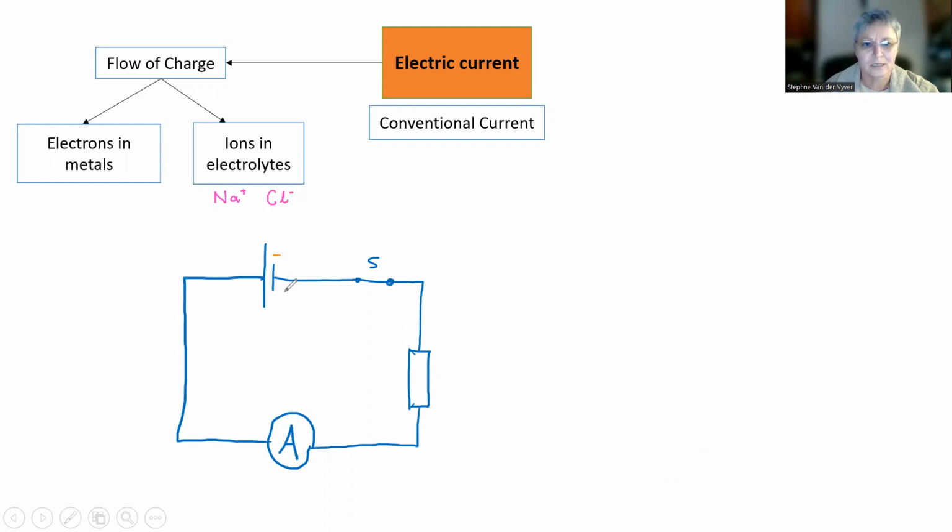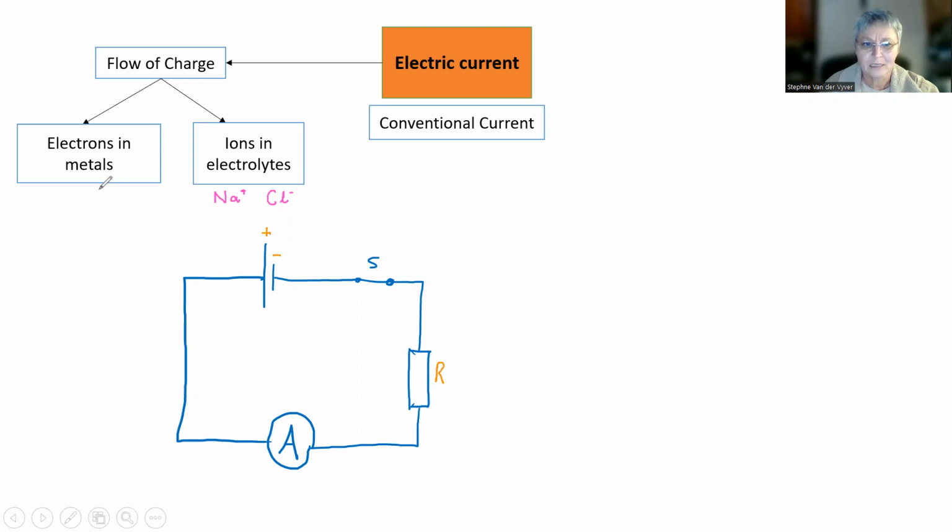The short line is the symbol for the negative terminal of the cell, and the longer line, the positive terminal. I've got a closed switch in the circuit, a resistor and an ammeter.